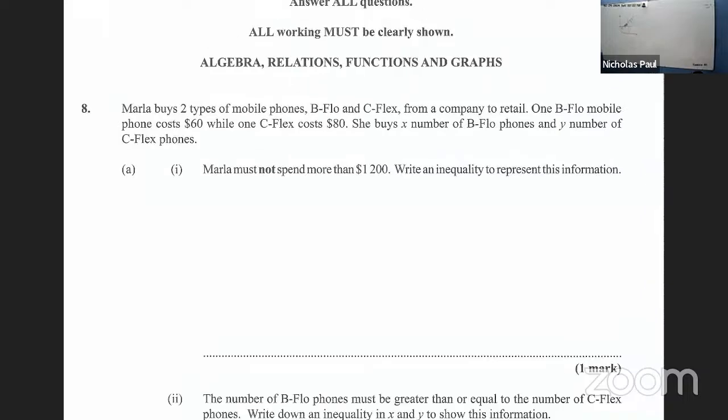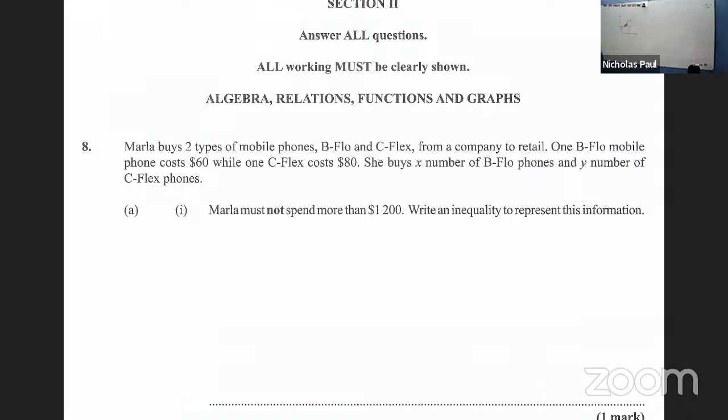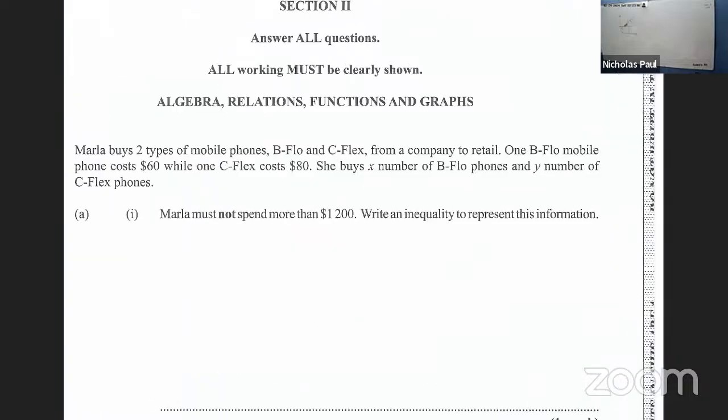Tell me, what do you think is the first inequality?